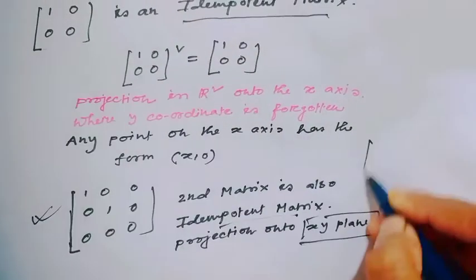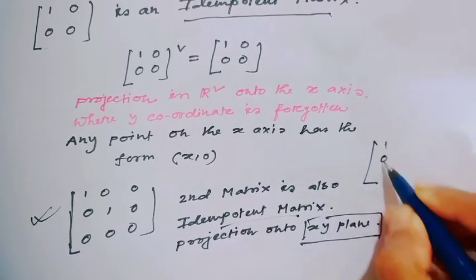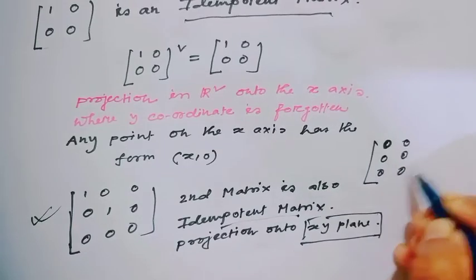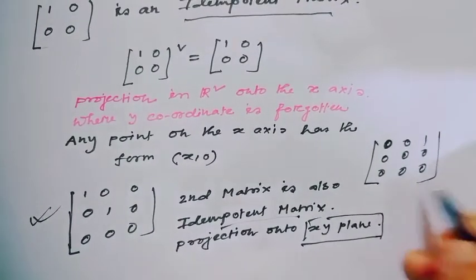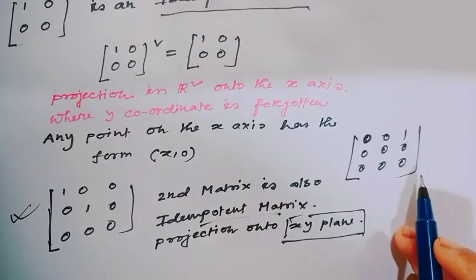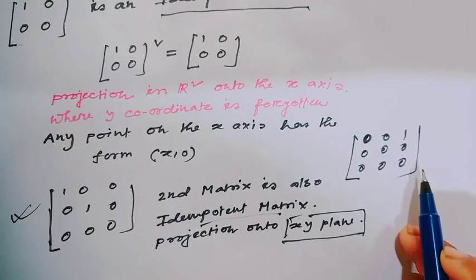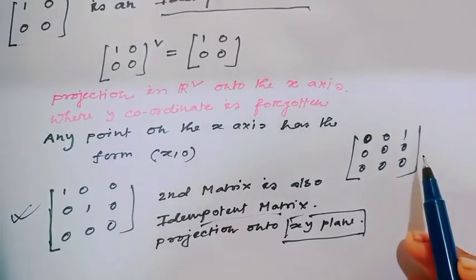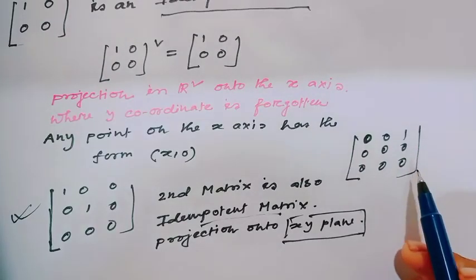Similarly, if we consider 0 0 0, 0 0 0, 0 0 1, that means this matrix also would be a projection matrix which projects on the z-axis. Okay?